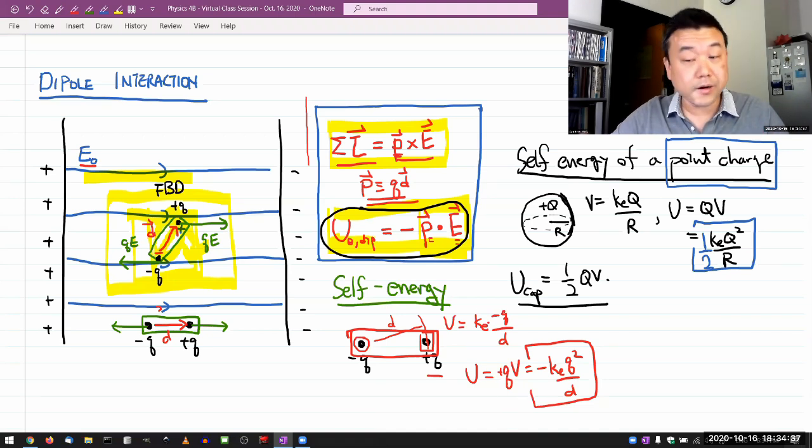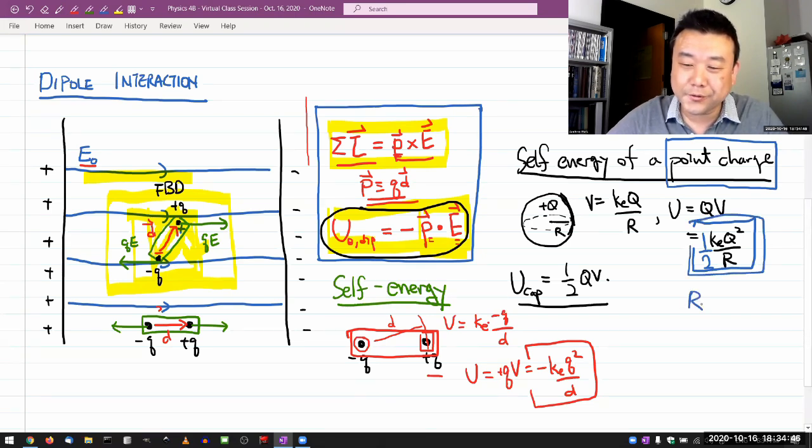And that's where you run into a bit of a difficulty, because if you took this formula as a given and you let R go to 0 because it's a point charge, your potential energy goes to infinity.